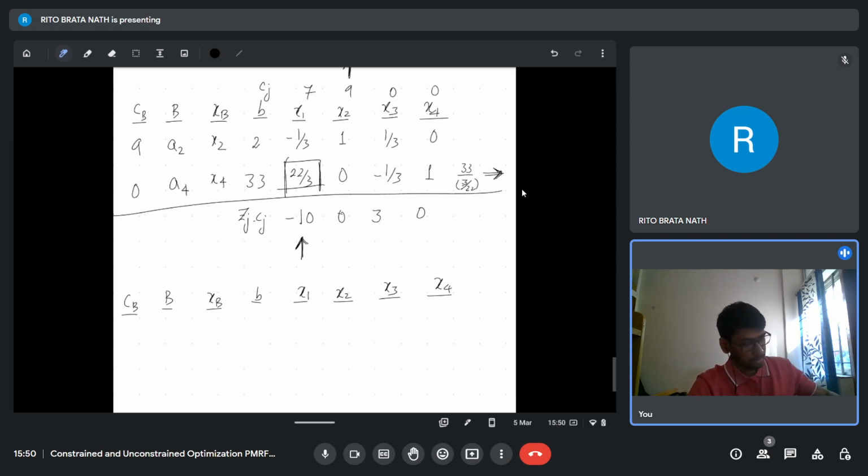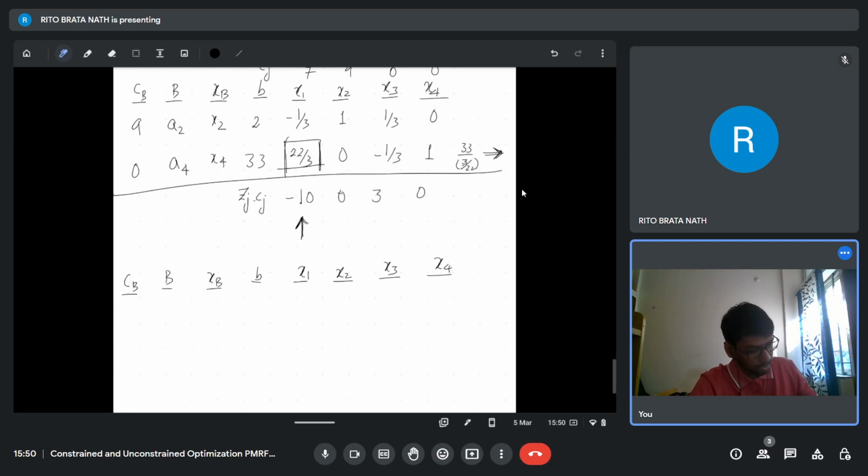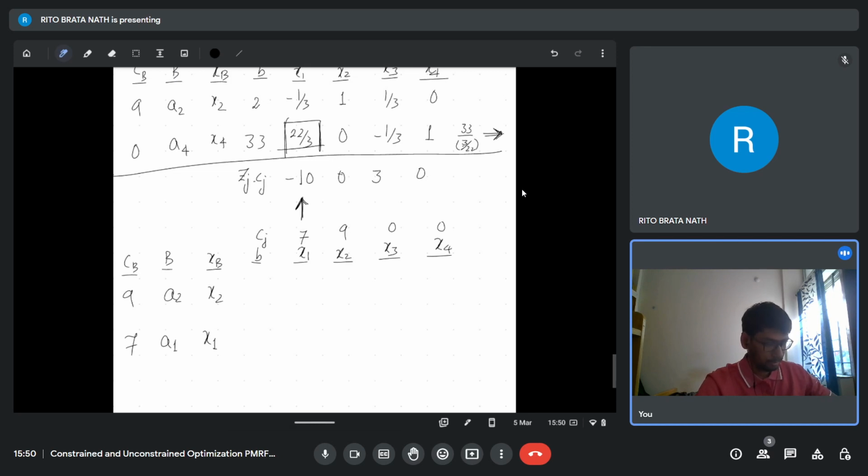So once you do that, let me write down, this will be X2, this will be X1, this will be A2, this will be A1, and let me write down the CJ values. This is 7, 9, 0, 0. This one will be 9. This one will be 7. And now multiply. So that will be 99 by 22. So that will be 9 by 2.